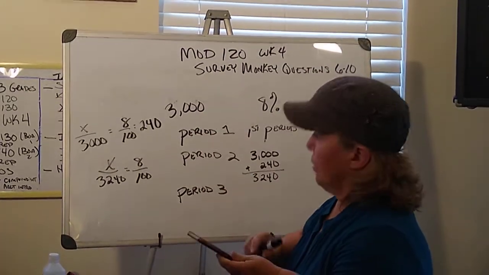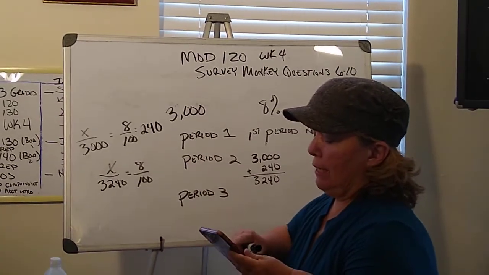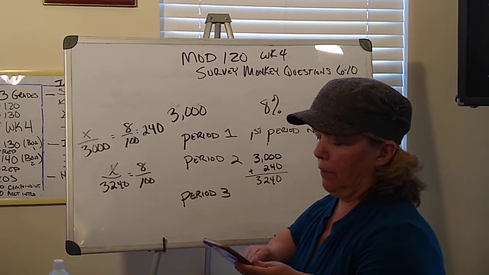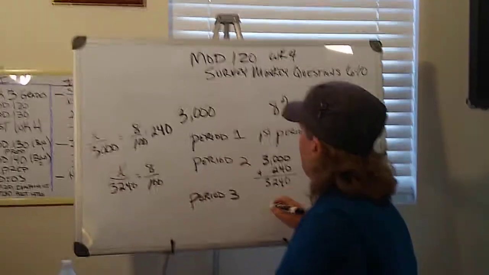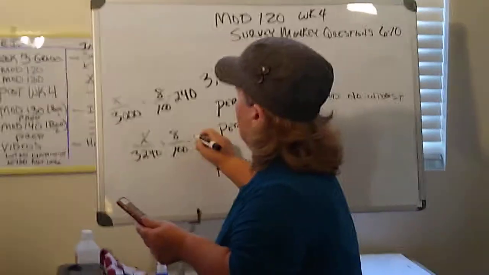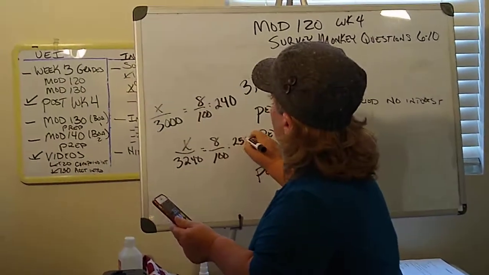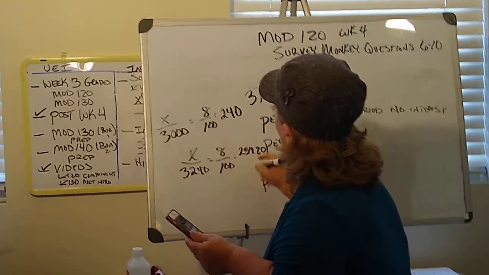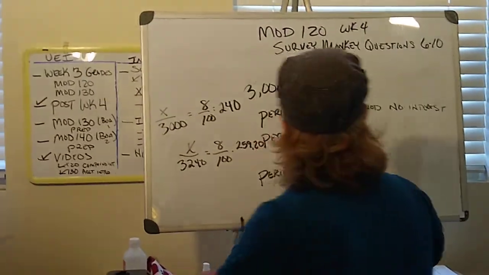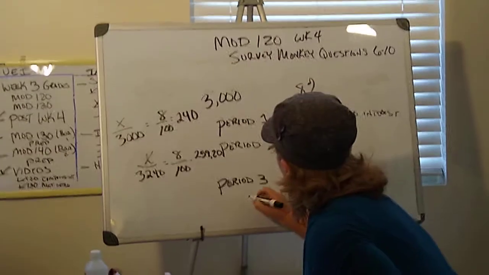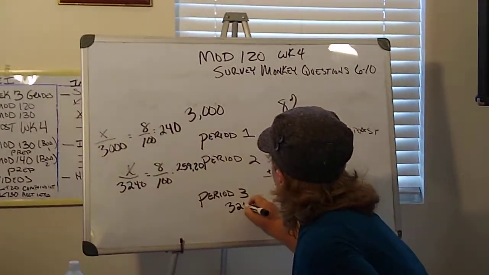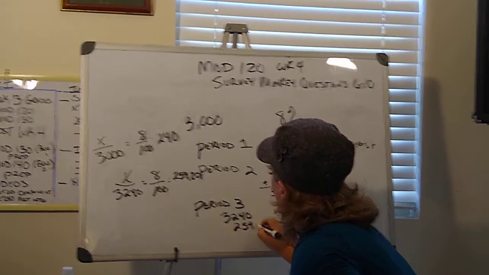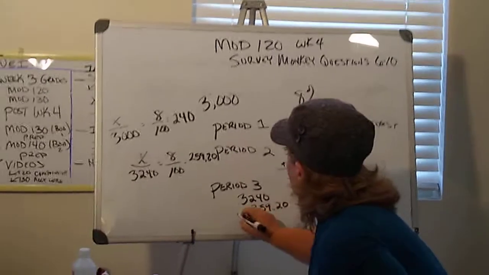So 3,240 times 8 equals, divide by 100 equals. And so that would be $259.20. So for period 3, we're going to take the 3,240 and add 259 and 20 cents.